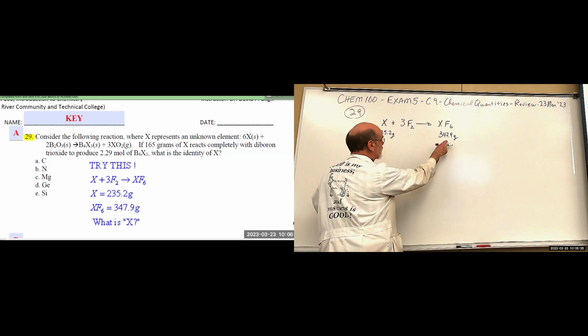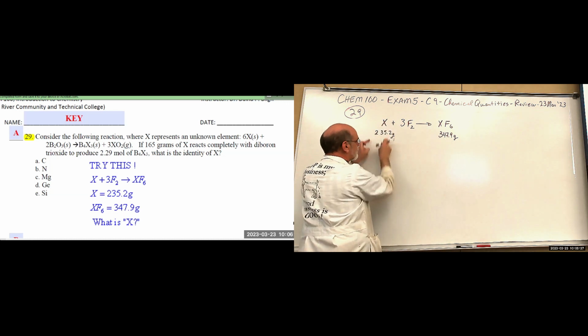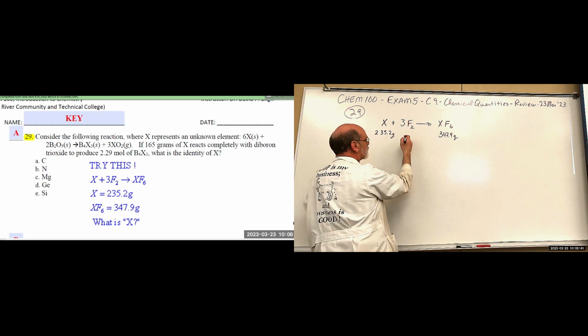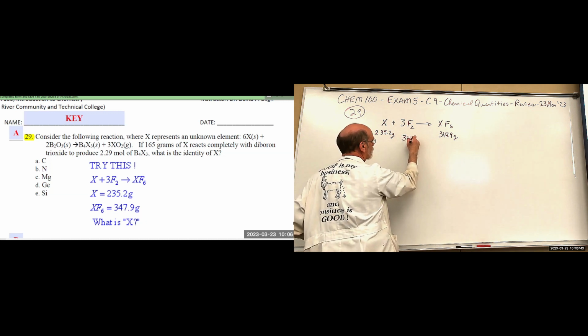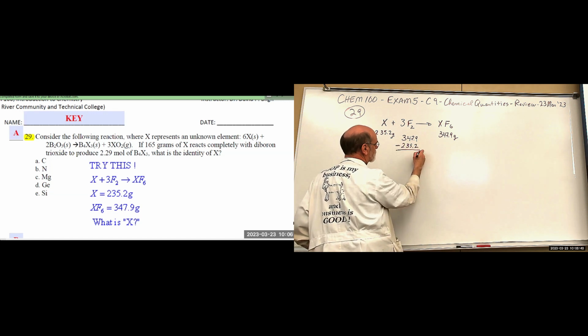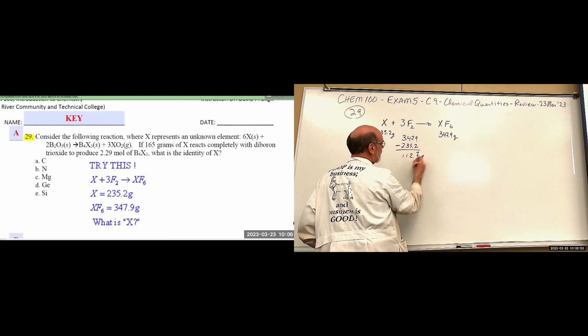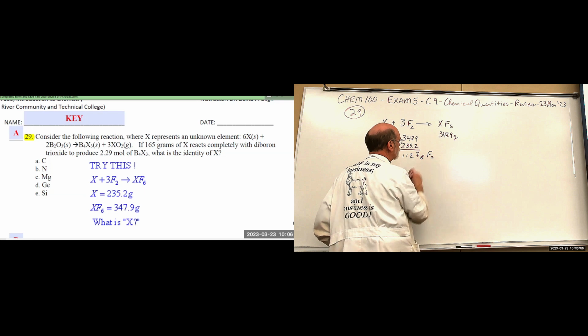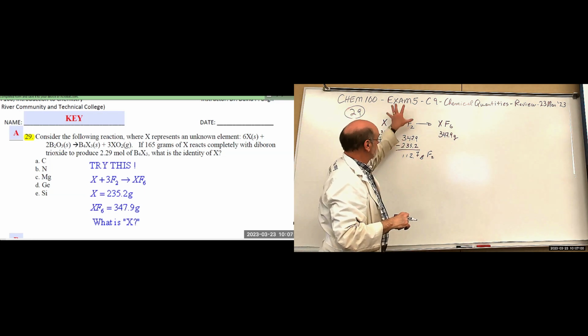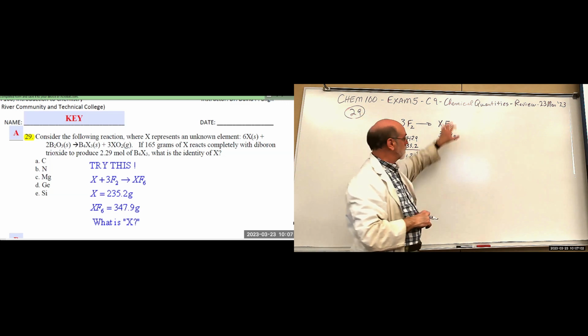This is the total mass. This is the mass of that component. What's the mass of that one? The mass of this one is 347.9 minus 235.2. Right? 112.7. That's how many grams of F2 were required, right? Because the mass on this side has to equal the mass on that side.